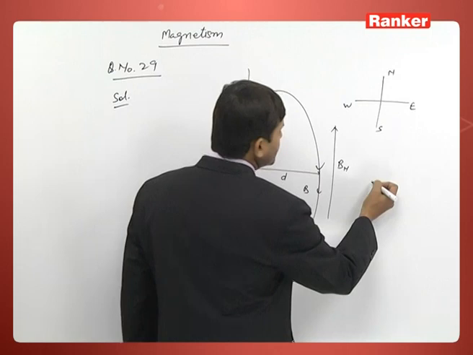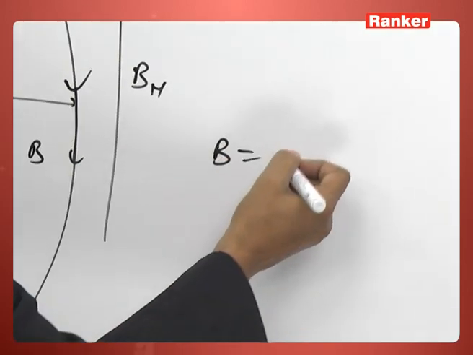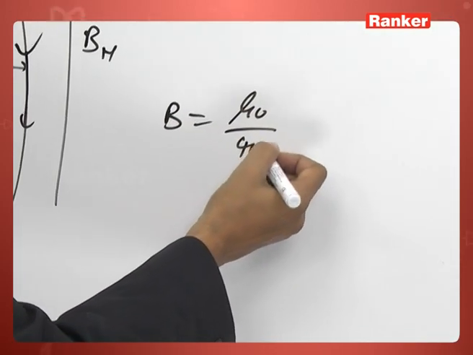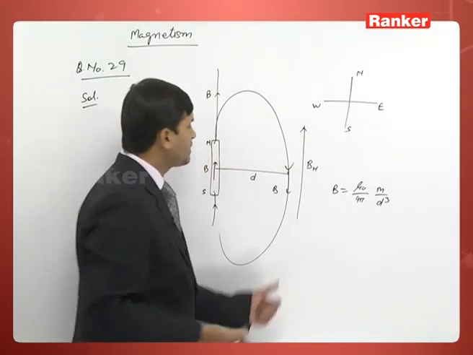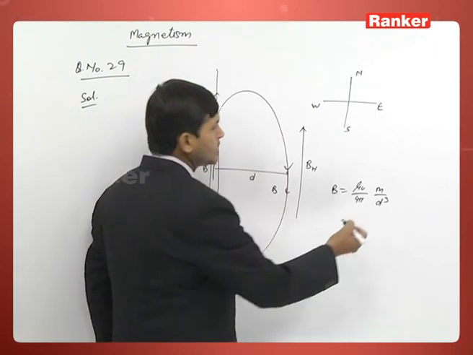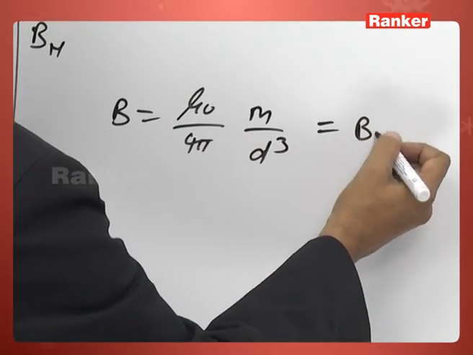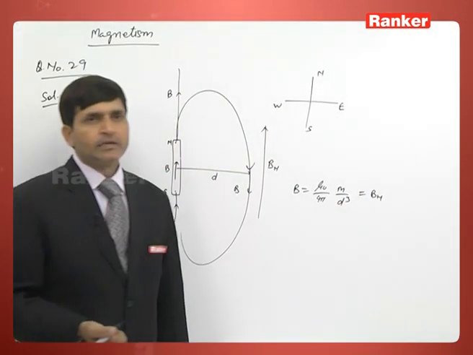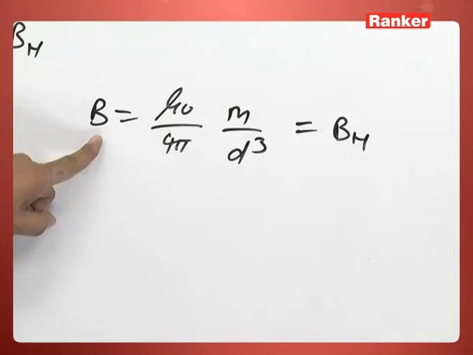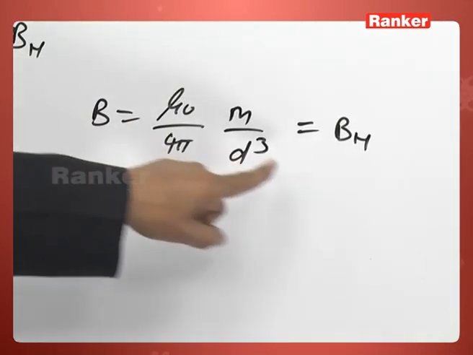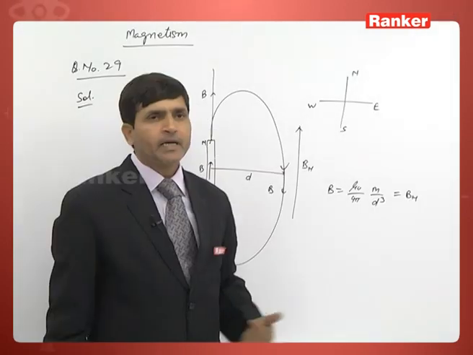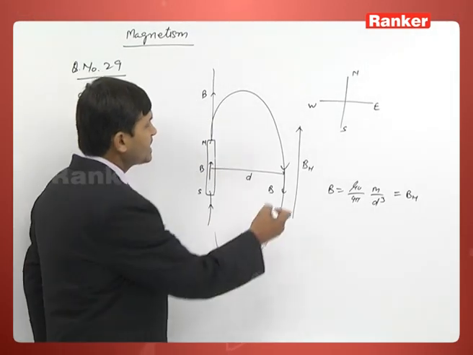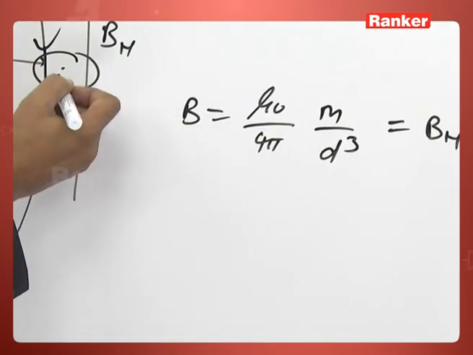So B is mu naught by 4 pi M by d cube, which is equal to BH. The magnitude of the magnetic field due to the bar magnet and the Earth's horizontal component must be equal and opposite, then we get the neutral point. So the neutral point is somewhere here.